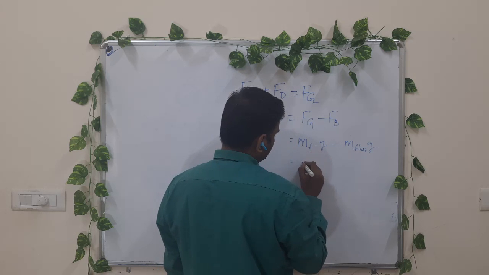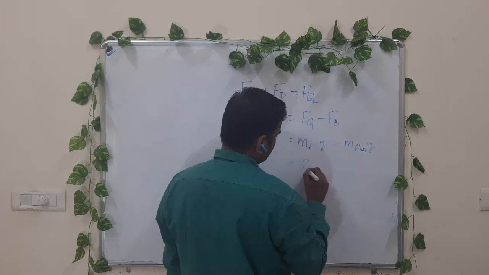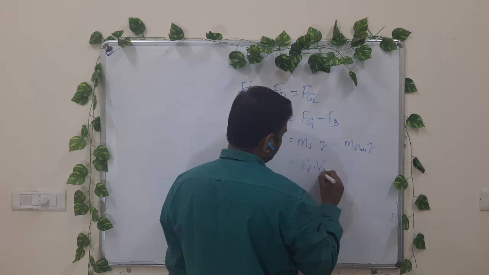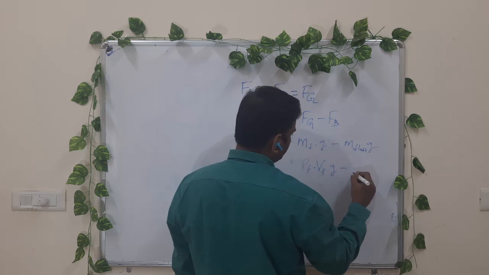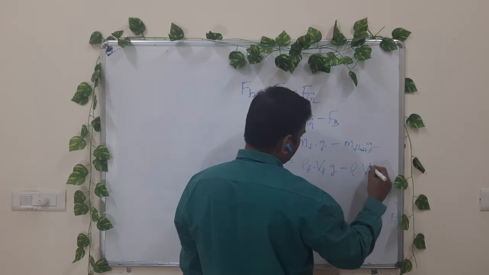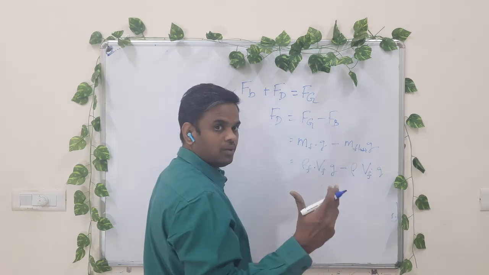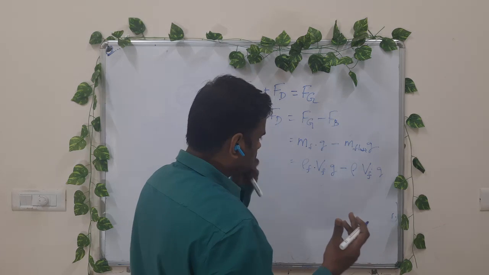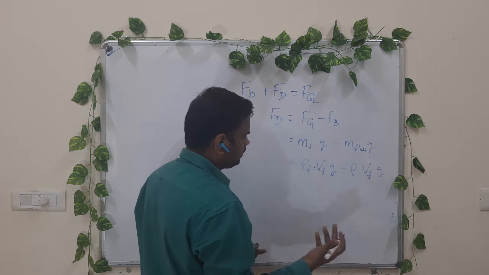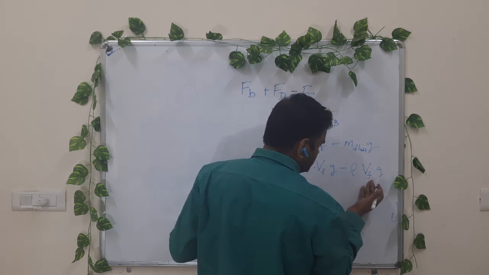Okay, so this one, mass of the float, is rho f Vf g, and this one is rho of the fluid into volume of the float into g, because volume of the fluid displaced is equal to volume of the float, right? So that is the buoyancy Archimedes principle.